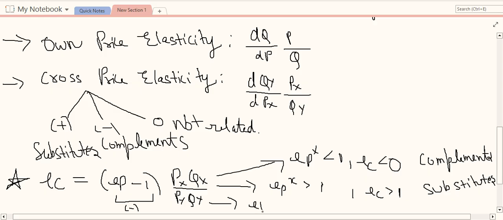If own price elasticity equals 1, you can easily see that EC equals 0, and this implies the goods are not related. Okay, cross price elasticity equals own price elasticity minus 1 into Px Qx upon Py Qy. So this was one more important thing.